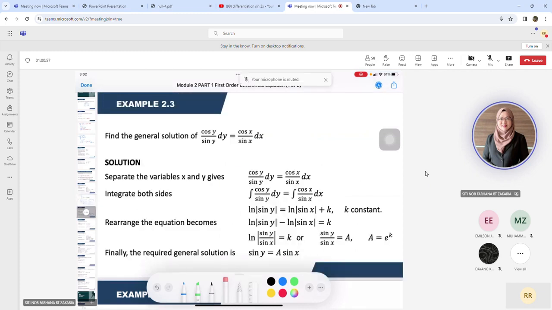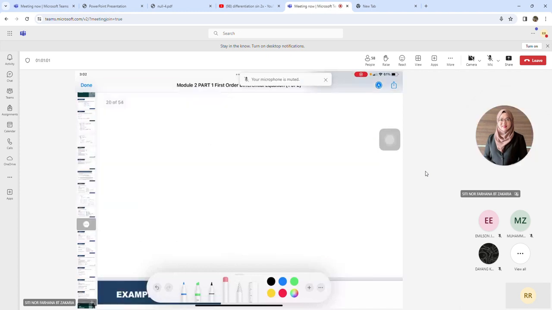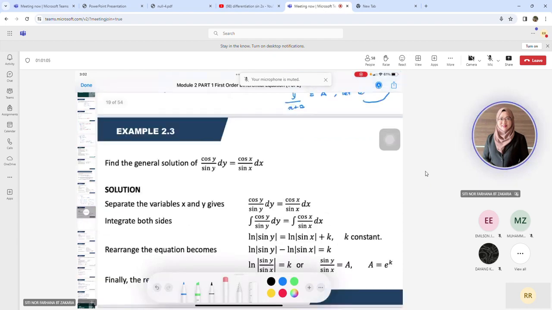Now we move to example 2.3. Okay. So they give us DE as cos y over sin y dy equals to cos x over sin x dx. So actually this one, if you rearrange, this is a differential equation.